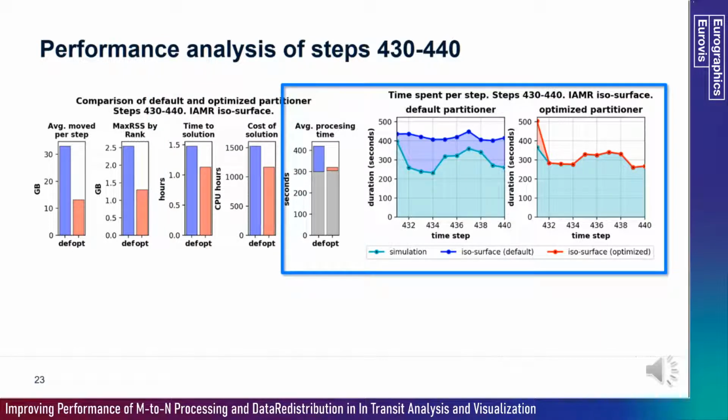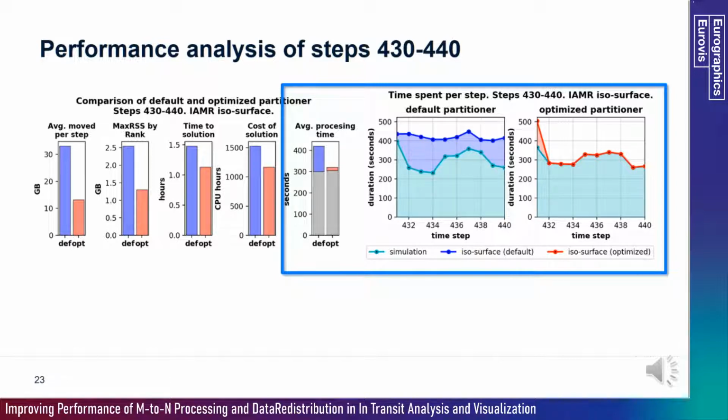In terms of the time spent per step, first the bar chart on the left shows the average processing time per step over all 10 time steps. And in this plot, we've got the gray region indicating the simulation time, and the blue and red regions indicating the extract time.